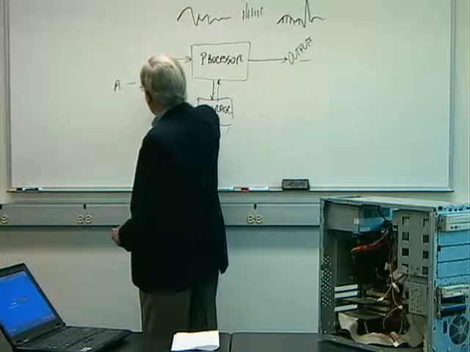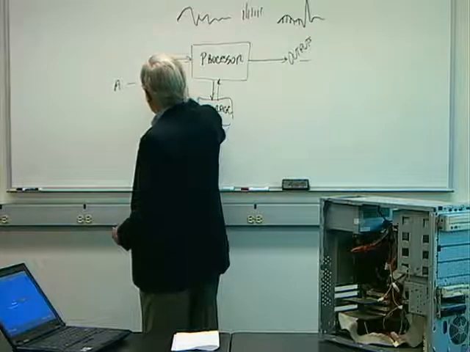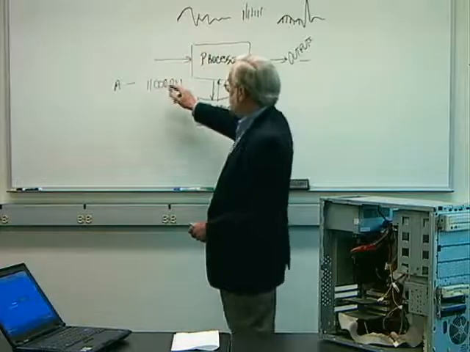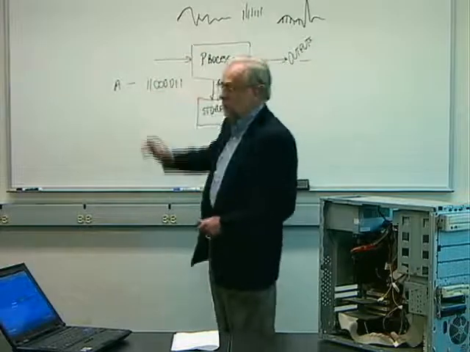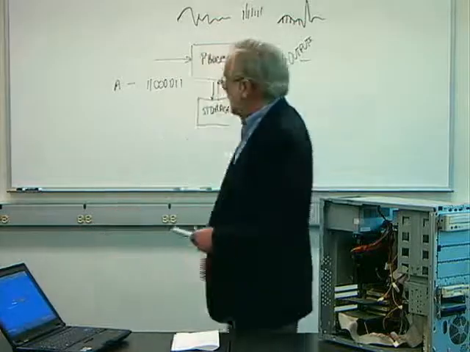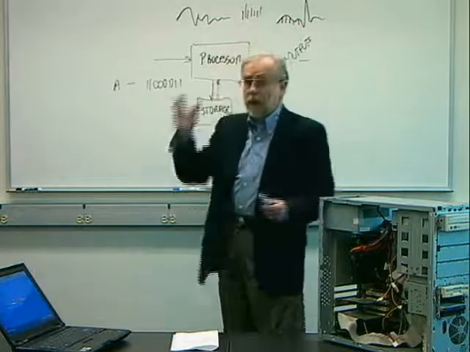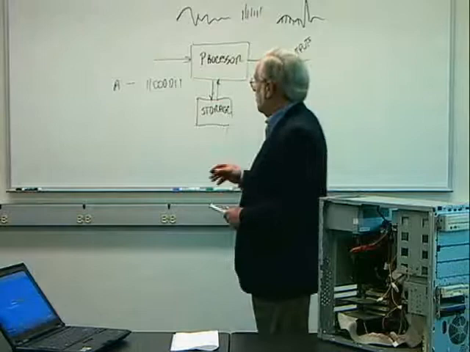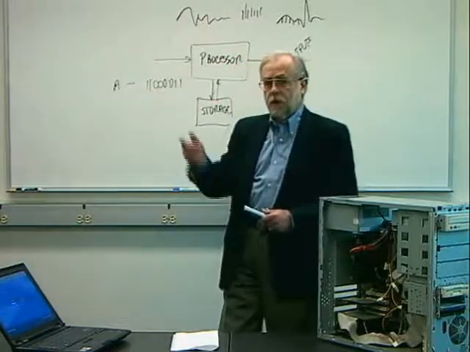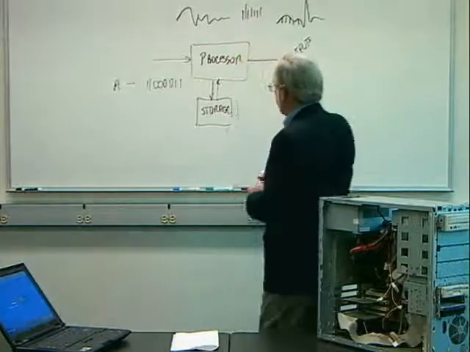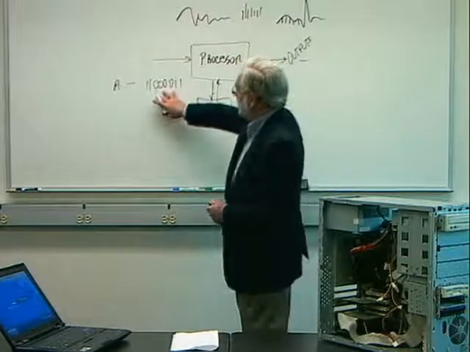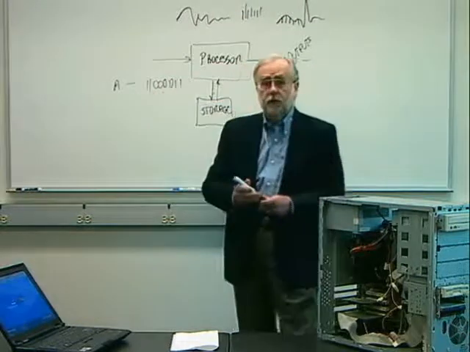I can't remember the exact code, but something like 110000 goes into the computer. That's what happens. The keyboard contains electronics that when you hit the A key, it sends a code in called the ASCII code, and that code is what actually goes into the processor. So what goes into the memory of the computer, and I'll talk about memory in a second, is this code, not the letter A. It's a code for the letter A.